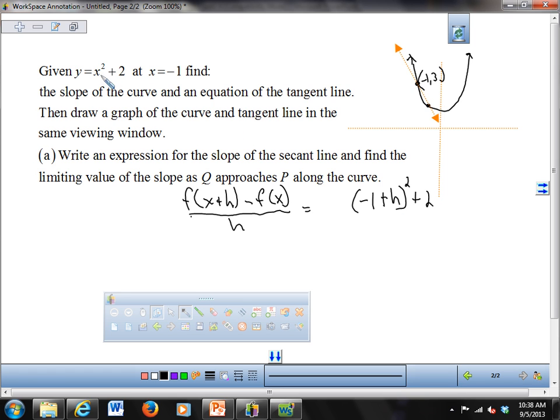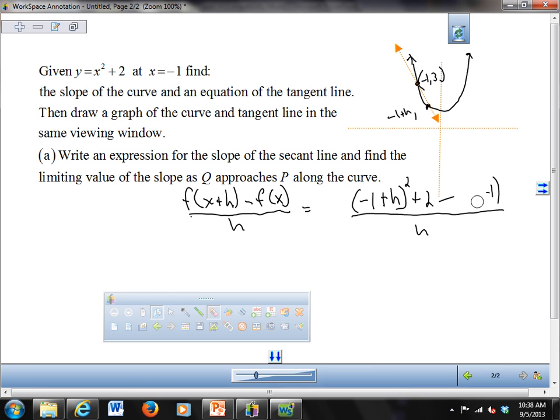That's f of x plus h, because I'm taking x, which is -1, plus h. So this point is (-1 plus h, f of -1 plus h), minus f of -1, over h. Do you guys understand what I just did?